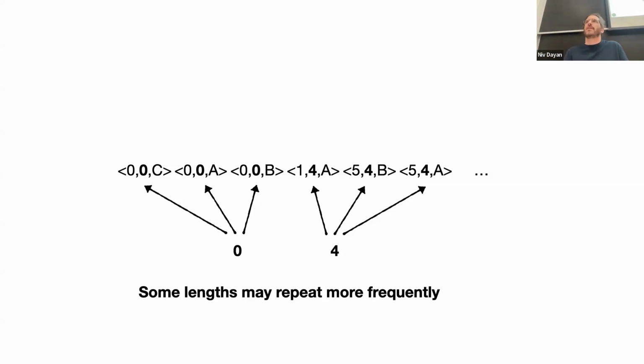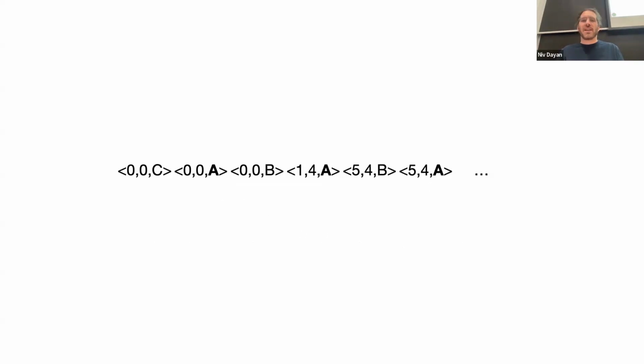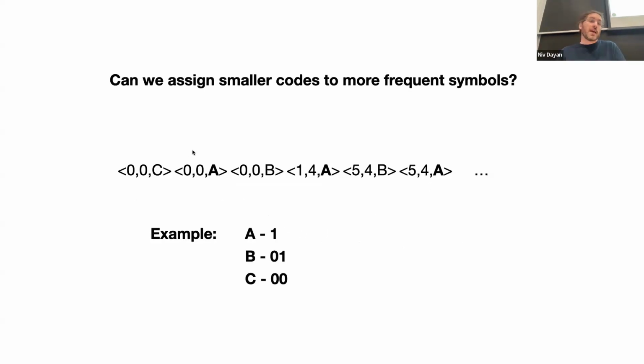So there might be some redundancy there too, right? So some of the characters within these triplets might be repeating. And some of the characters might be repeating too, right? Because you might have different characters occurring with different frequencies. So now this is the thing that we're going to try to reduce and compress.